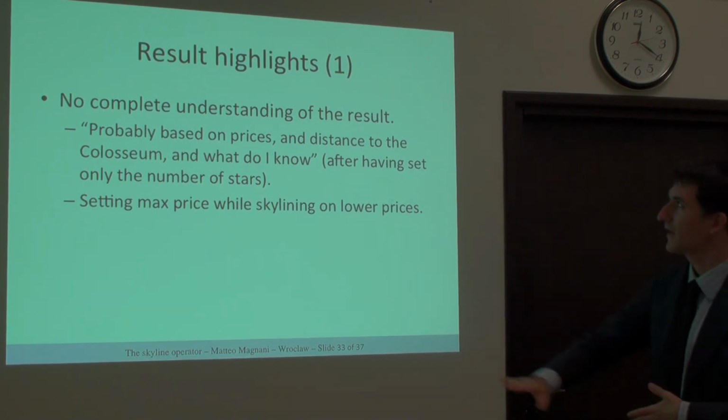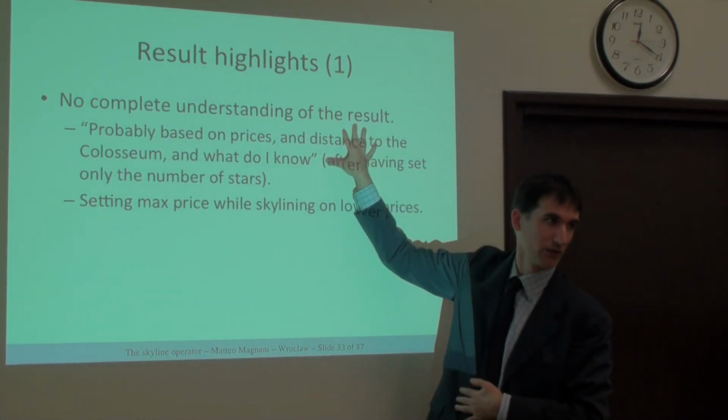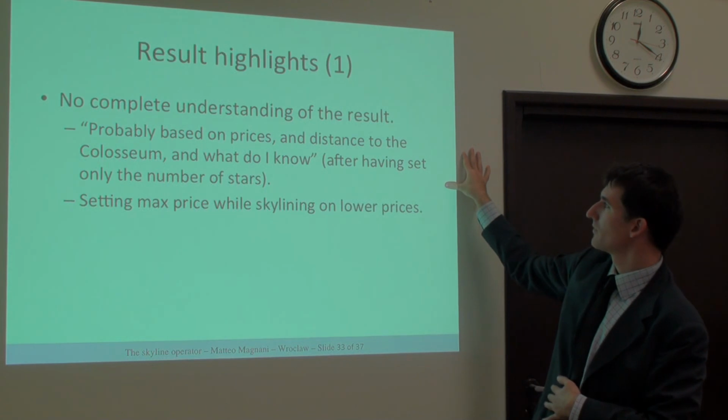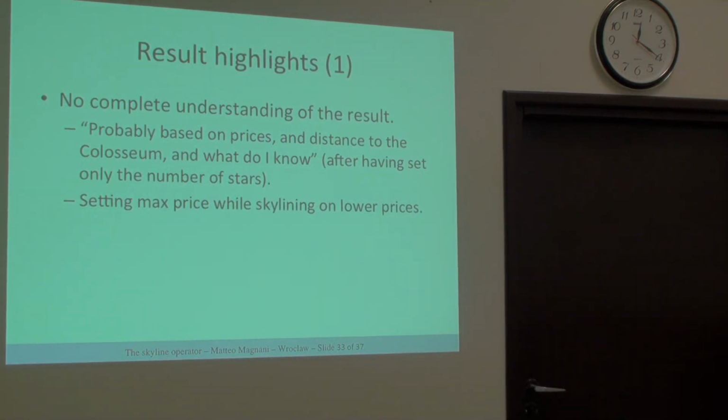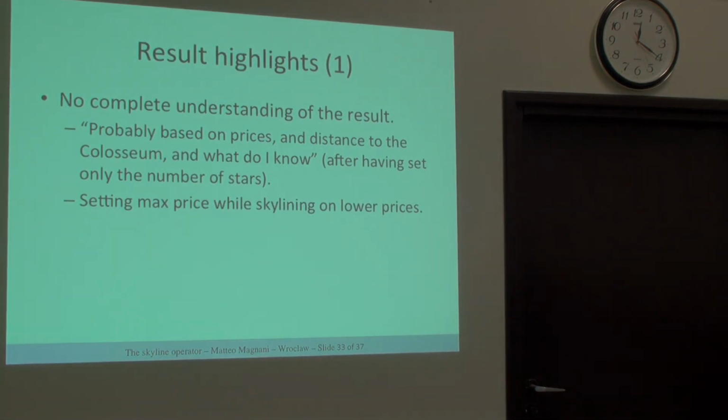In many cases, they have no idea whatsoever of what they're doing. So, for example, they say, I want the number of stars to be high, I want a 5-star hotel, and then you ask, okay, this is the result. Why is this in the result? And they say, because it's very close to the Colosseum, for example. So they think that the result has been computed using some other parameter that they have never set.